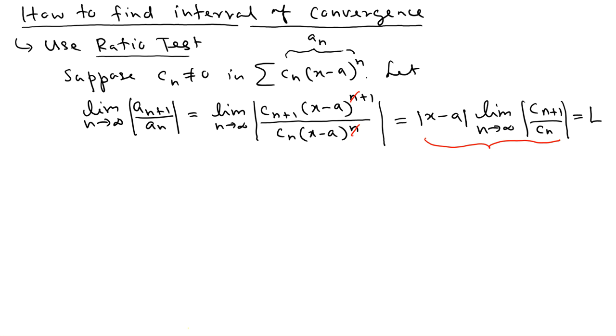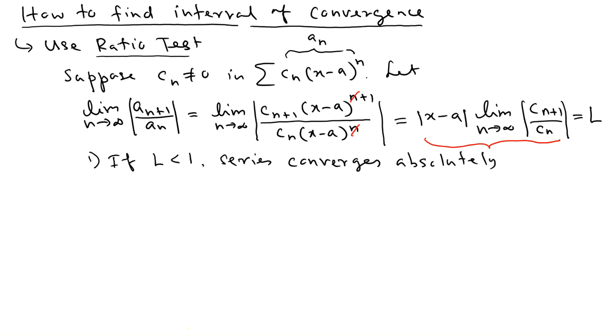So this L is going to decide what's going to happen to the series. There are three cases, as you remember. What's the first case? If this L is less than 1, then we know that the series converges absolutely.